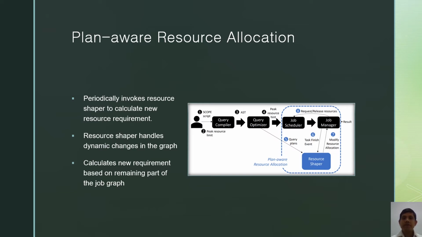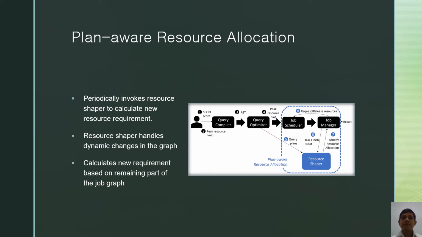By looking at those two, resource separ can produce the future resource requirement. The job manager, by looking at the future requirement, can give up the extra resources if the future requirement is less than the current requirement. It does so by sending messages to the job scheduler.